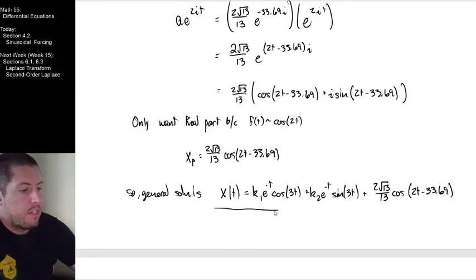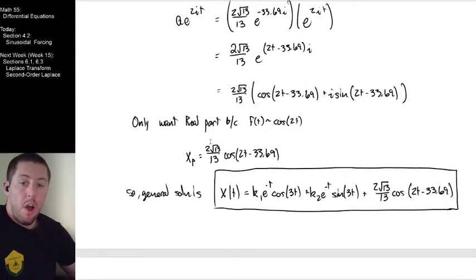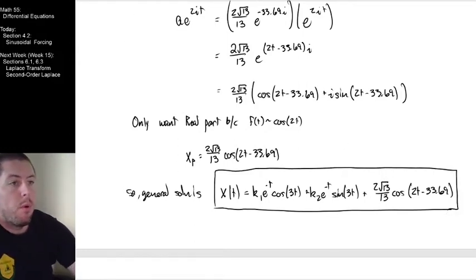So we found our general solution. All right, so a bunch of work right there, but we managed to do it. We kind of did our nice methodical step-by-step process right there.